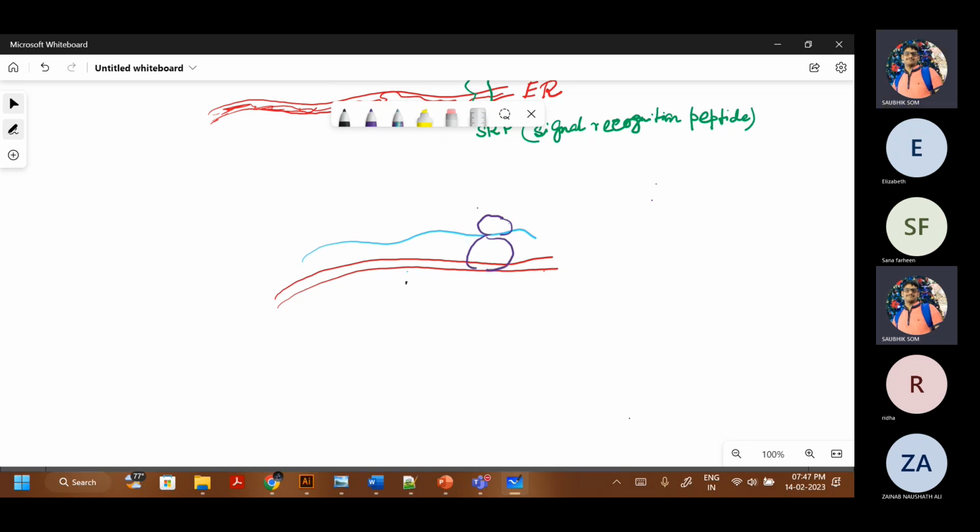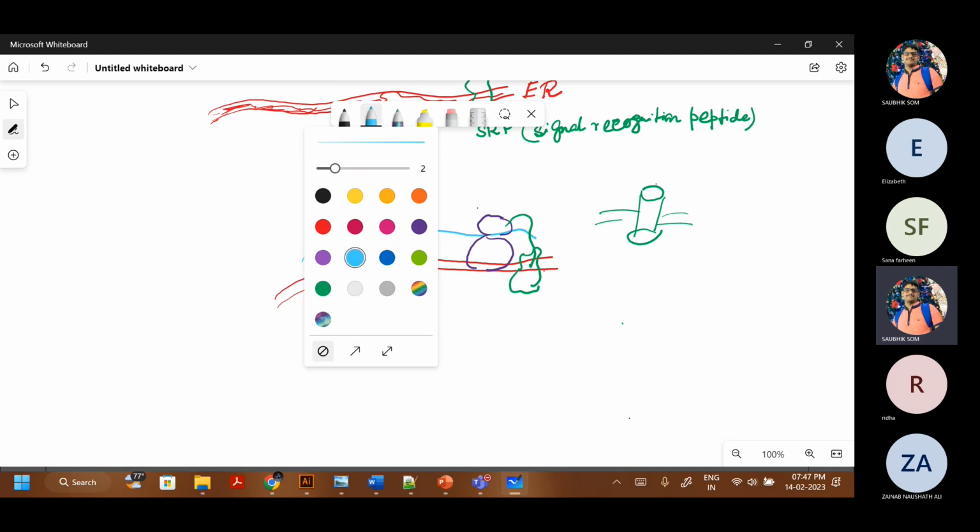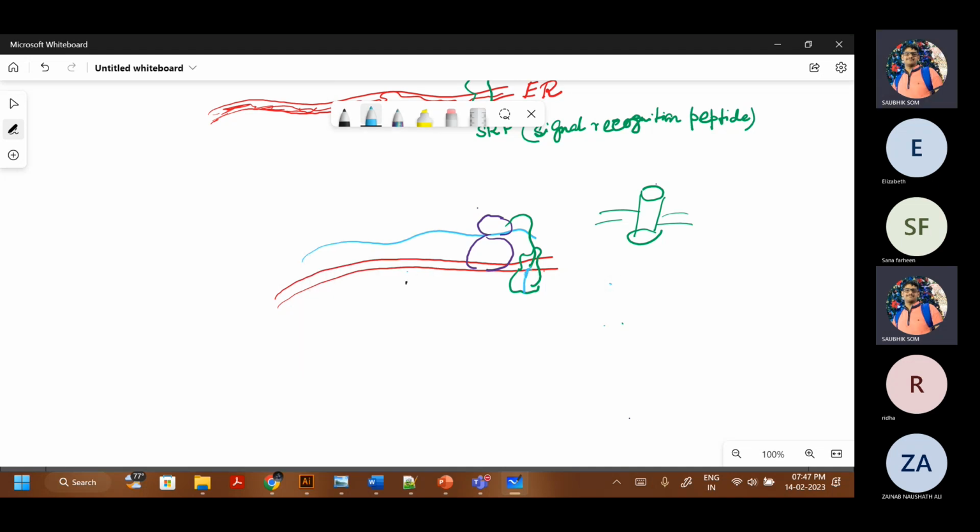That's why it is called so. Then the signal peptide comes here and creates a pore inside the membrane, from where the nascent protein starts going inside the ER membrane, the ER lumen.